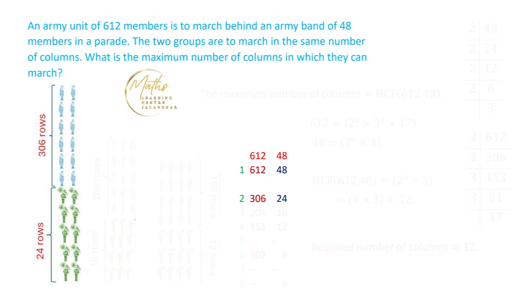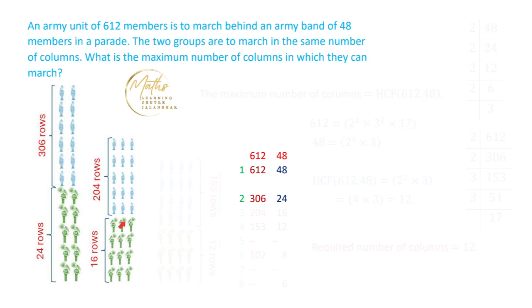Suppose they are arranged in 3 columns. Then there will be 16 rows for the persons from the band, and 204 rows for the persons from the army.